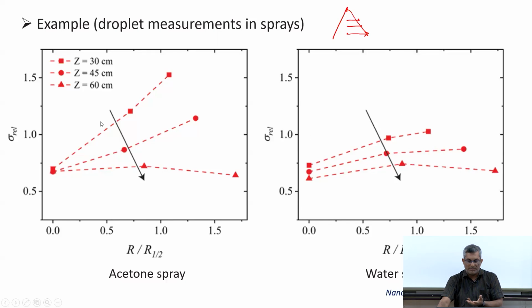Although we see the differences in the experiment, why compared to the water spray, for the acetone spray we see a stronger gradient of the degree of clustering. Okay. These things are difficult to explain, or not well explained. We can again consider the Stokes number and try to get an answer for this, but the evaporation rate can also play a role here. The evaporation time scale relative to the convective time scale of the droplets can also play a role.